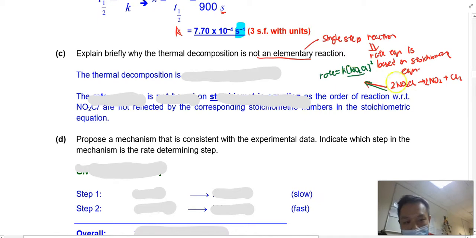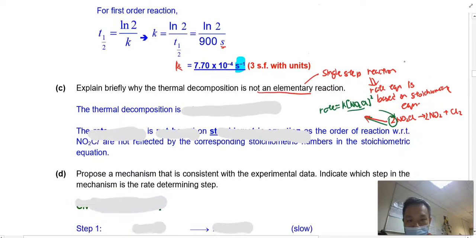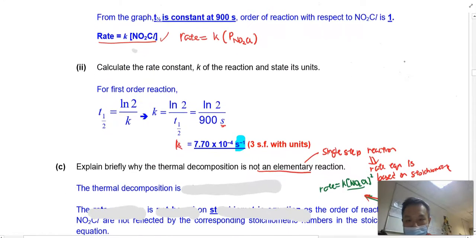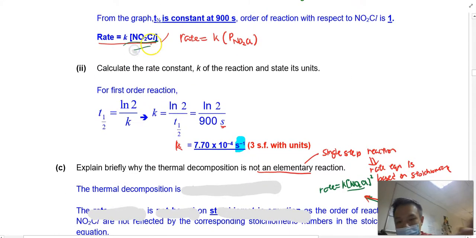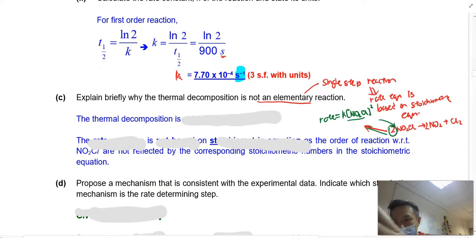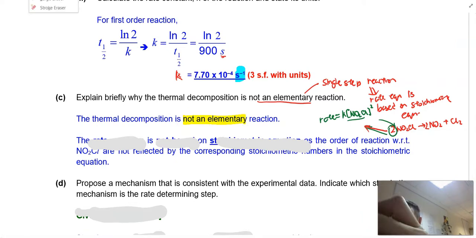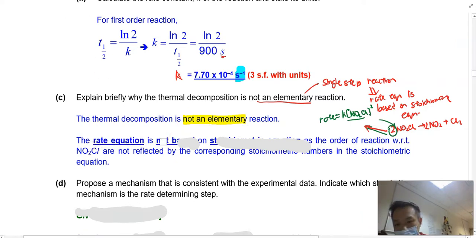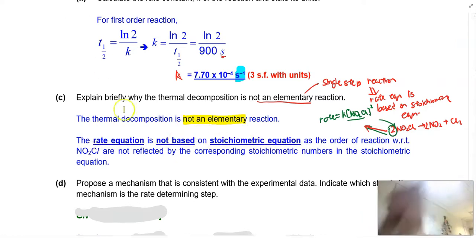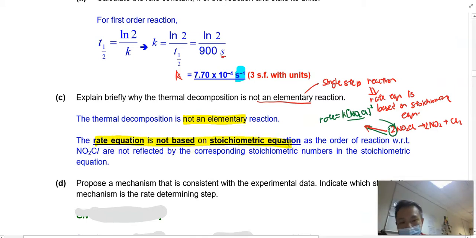Okay, if this is elementary, it's based on the stoichiometric equation, the stoichiometric coefficient of NO2Cl, 2. But what we saw was that it's a first order reaction and therefore it's not based on the stoichiometric equation. So this is not an elementary reaction, because the rate equation is not based on the stoichiometric equation. Okay? So again, you need to understand what they mean by not based on the stoichiometric equation.